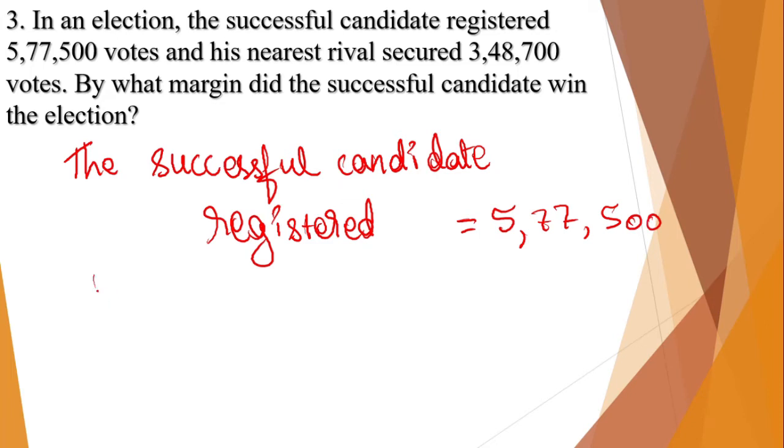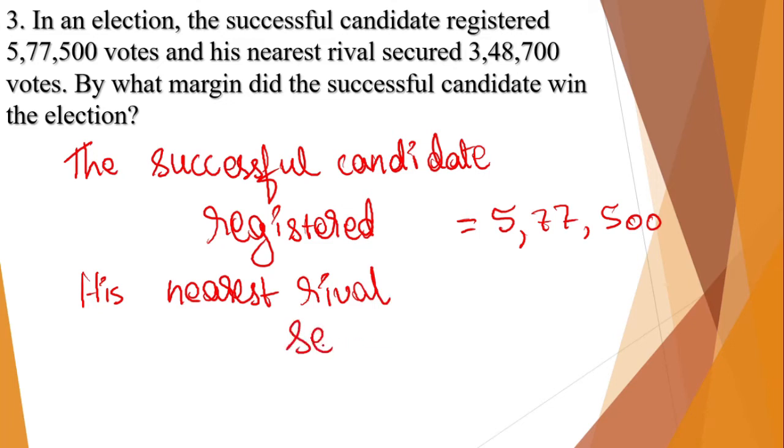And his nearest rival secured 3,48,700 votes. Right. Now what we should do? Now we should subtract.